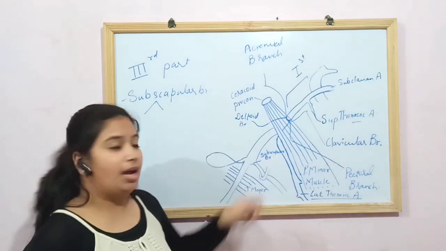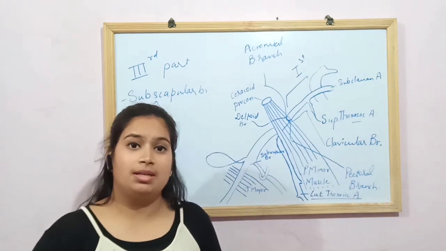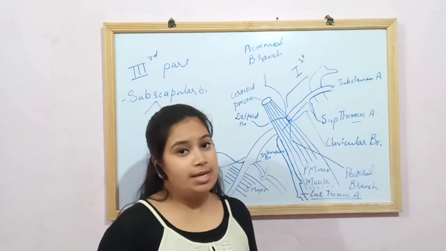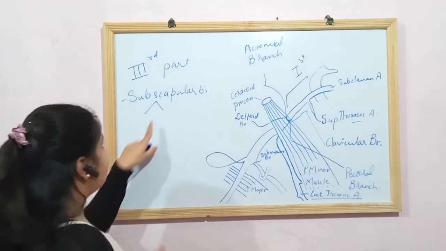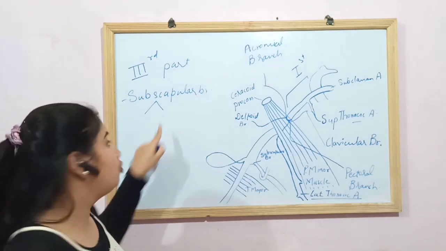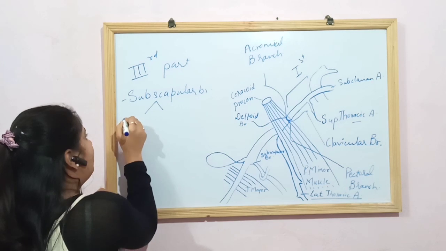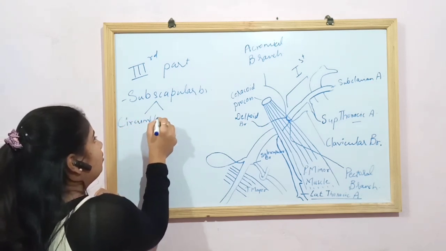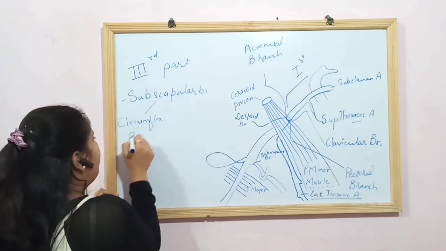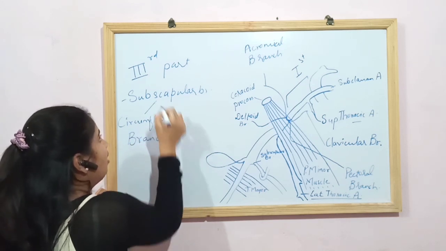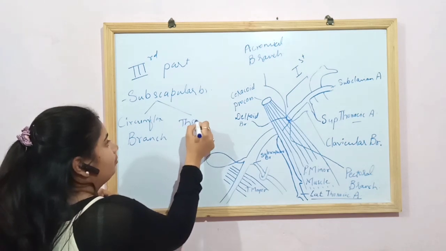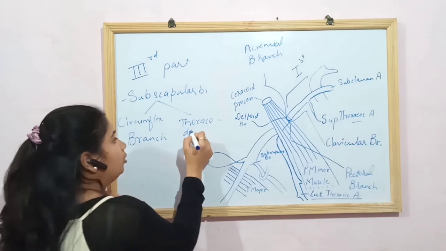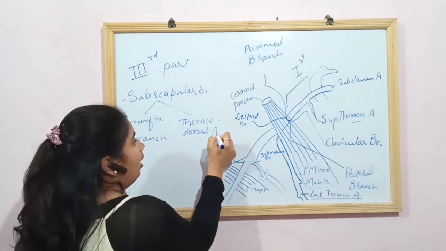This subscapular branch continues with the subscapularis muscle and supplies the various muscles of the scapula and around the scapula. So this subscapular branch again has two parts, circumflex branch and thoracodorsal branch, or you can call it the circumflex scapular artery or the thoracodorsal artery.